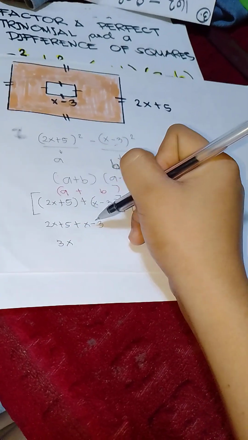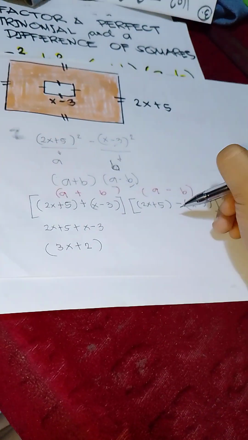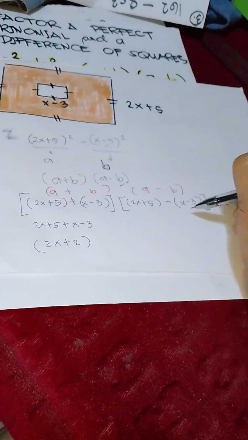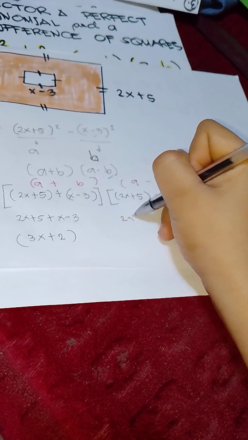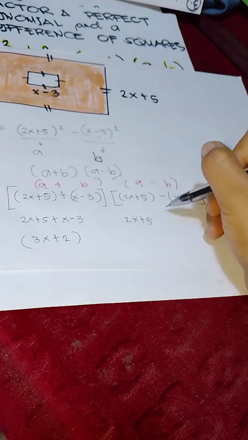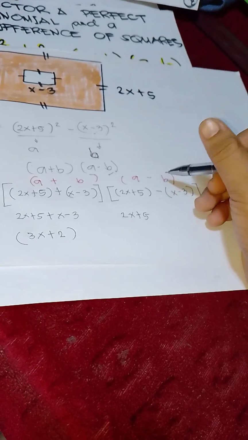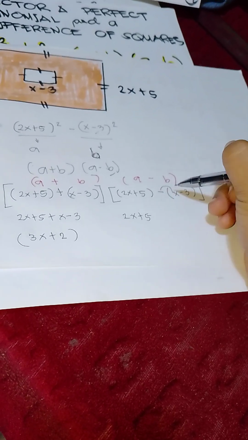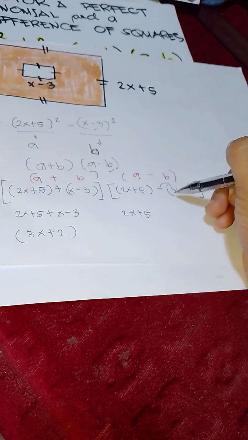The result is positive 2. And for this A minus B, we also remove the brackets, 2x plus 5. Be mindful in this part. Since it's subtraction, we're going to distribute the sign. So negative times positive x, the result is minus x.